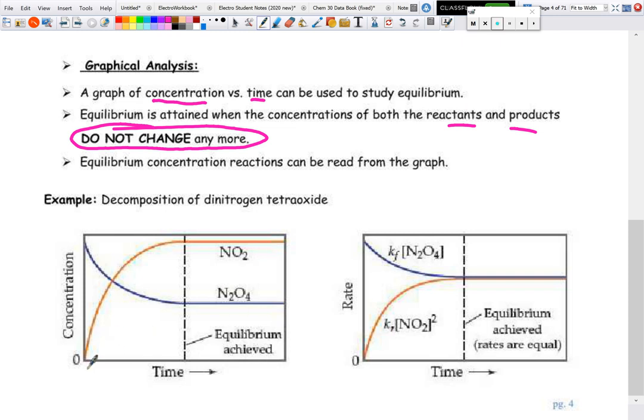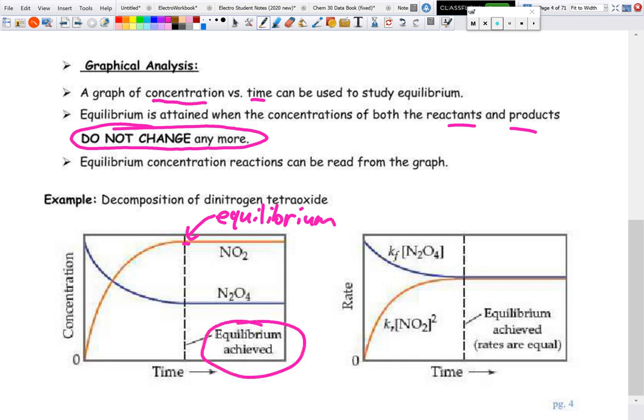As it starts heating up, we can tell the concentration of the nitrogen dioxide is increasing, and at some point it levels out and the concentration doesn't change. Same thing with the dinitrogen tetroxide: as it's heated up, it starts decomposing, so the concentration starts decreasing and eventually it flattens out. And of course this line where the two flatten out, this is when equilibrium is established.